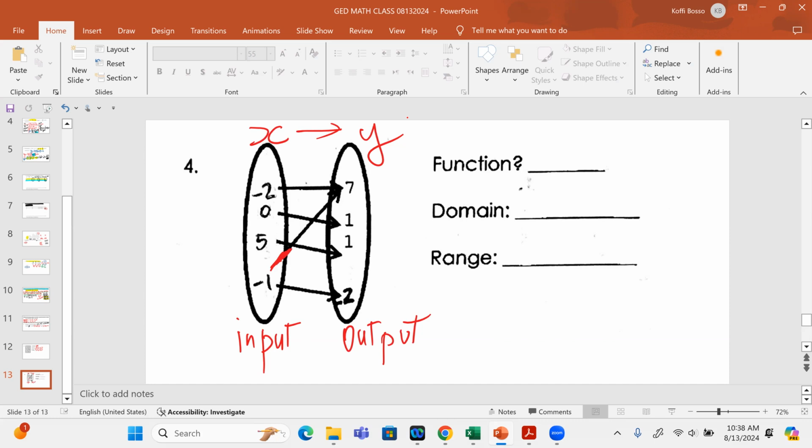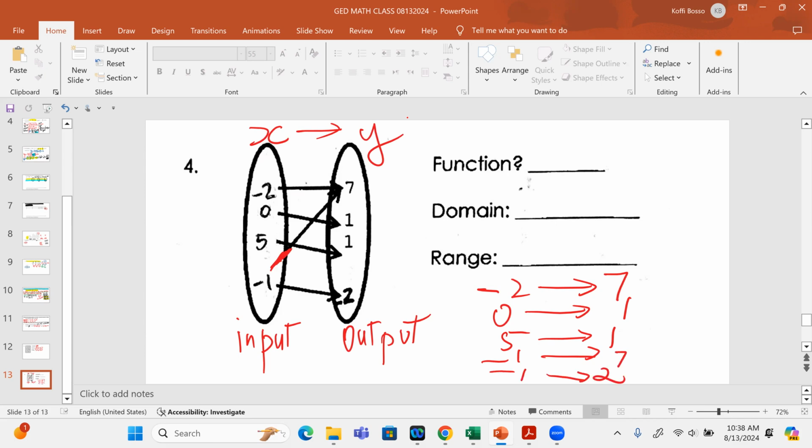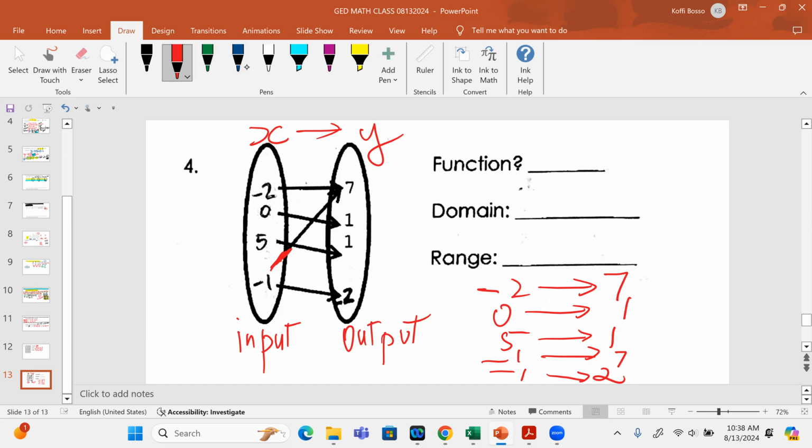Look, -2 is to 7, 0 is to 1, 5 is to 1, -1 to 7, and the -1 again to 2. So we have a -1 show up twice.